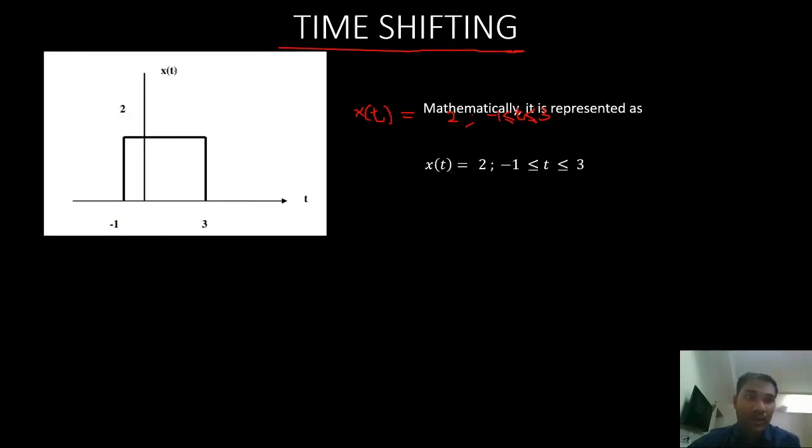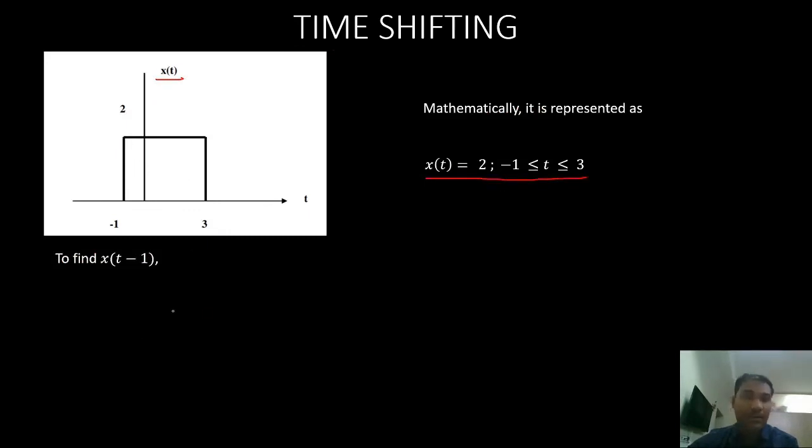So the value of t here is no longer t, it is x of t minus 1 or x of t plus 1. So to find x of t minus 1 from x of t, wherever there is t in the given mathematical representation, we'll replace it with t minus 1.